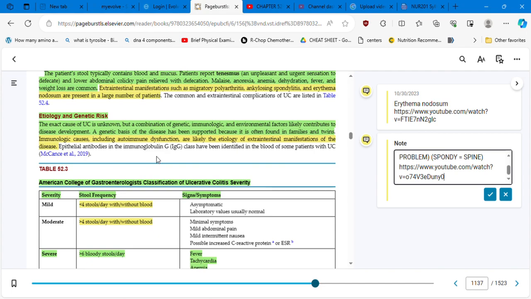Immunologic causes, including autoimmune dysfunction, are likely the etiology of extraintestinal manifestations of the disease. Let's repeat that.